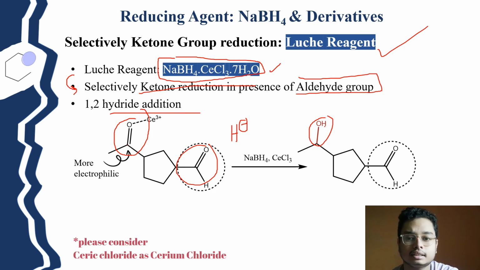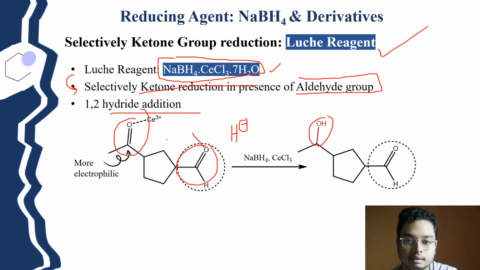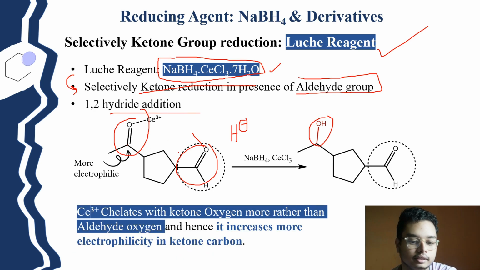Now you may ask why this type of selectivity is observed, because here also cerium could do chelation, but selectively only the ketone chelation is favored. We'll discuss this in our subsequent slides. Here it is written that Ce3+ chelates with the ketone oxygen.